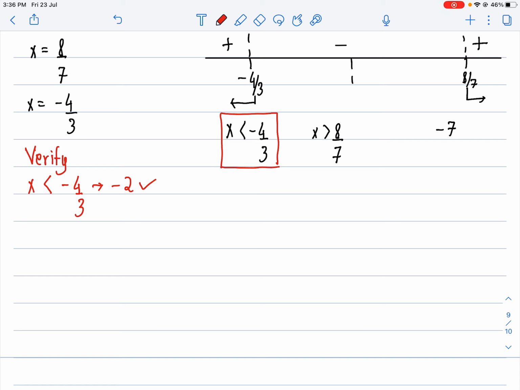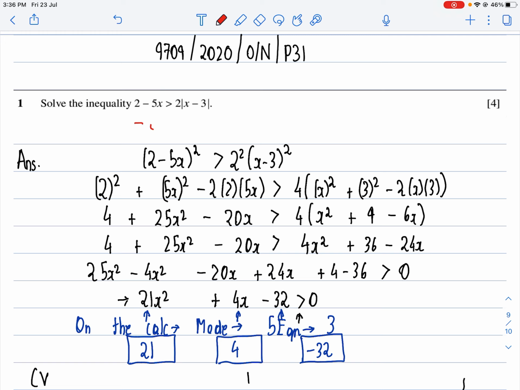Now let's take x more than 8 over 7. So if I take a value which is more than 8 over 7, correct? Let's say I take a value positive 2. That value is more than 8 over 7. Now I'll simply put positive 2 in the left hand side first. So I get 2 minus 5 into 2, which basically gives me minus 8.